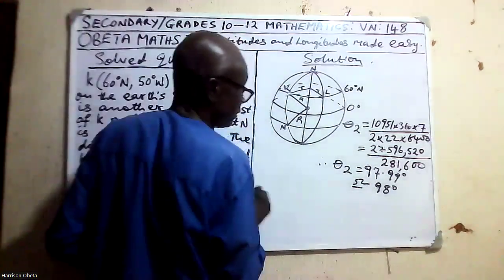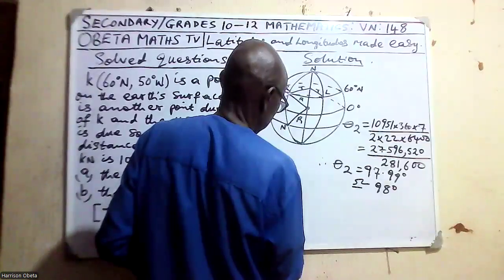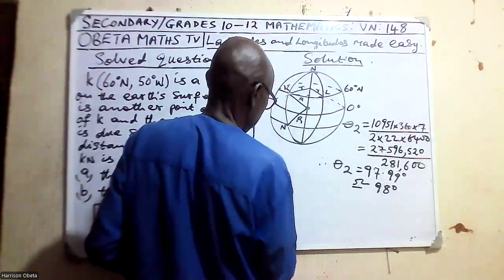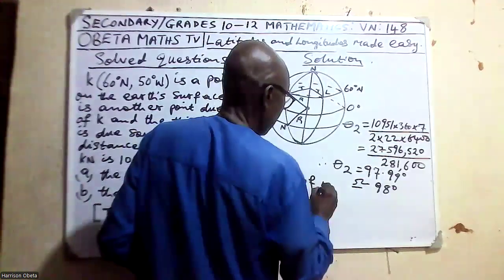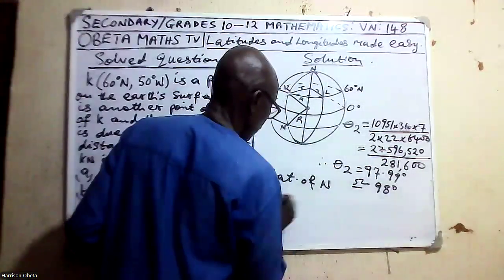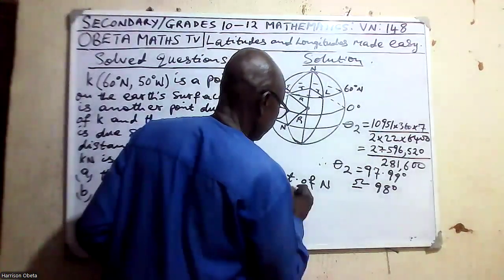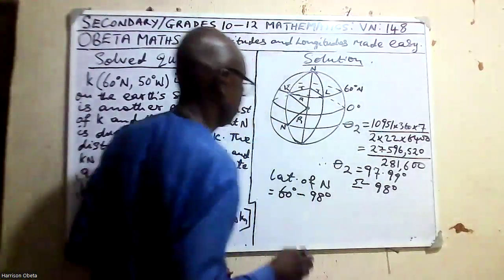And that means that the latitude of N should be equal to 60 degrees minus 98 degrees.